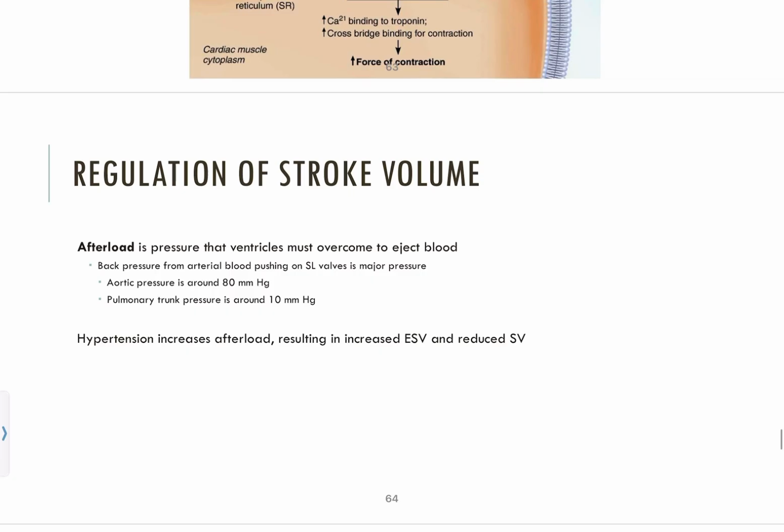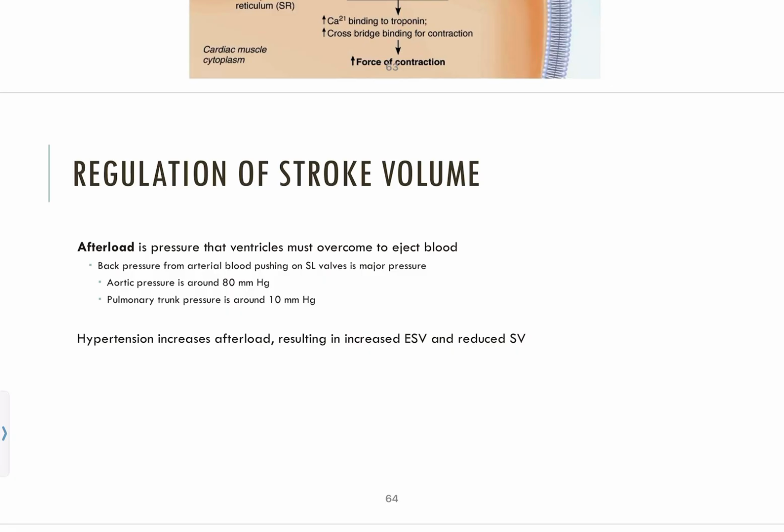So the third thing that can affect and influence stroke volume is going to be afterload. And afterload is the pressure that the ventricles have to overcome in order to eject its blood. So we have pressure in our arterial blood and our pulmonary trunk. We have to make sure the pressure is greater than that in order to get blood from our ventricles out into these arteries.